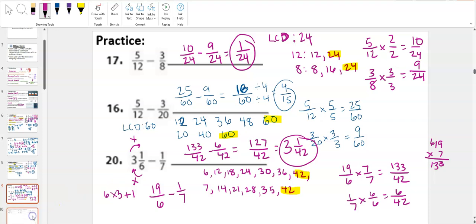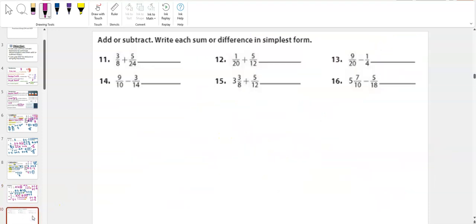Okay, so now this is where we're going to practice looking at our signs. So you can't just assume it's addition or subtraction, you have to pay attention. Okay, and we're still going to say that if there is a mixed number here, we're still going to turn it improper. So this would become 3 times 8, which is 24, plus 3, which is 27.